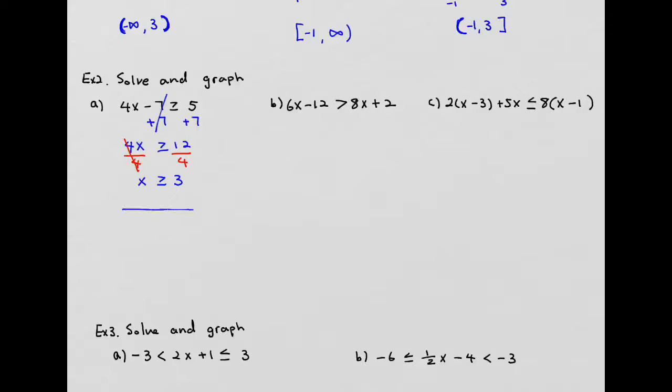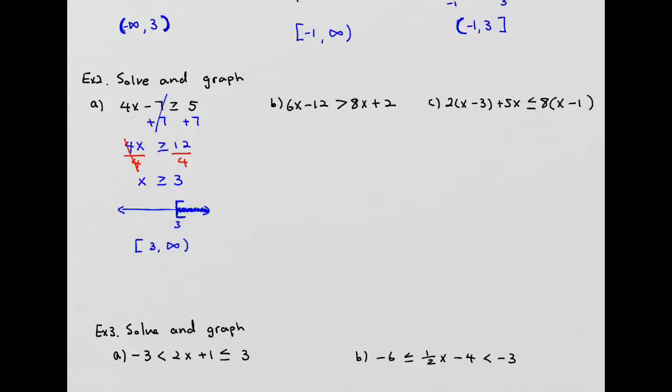And when you wanted to graph this, let's say 3 here, and x is greater than or equal to, so bracket, and highlight greater, right? And interval notation will be 3 to positive infinity.